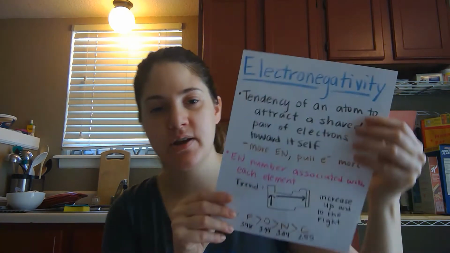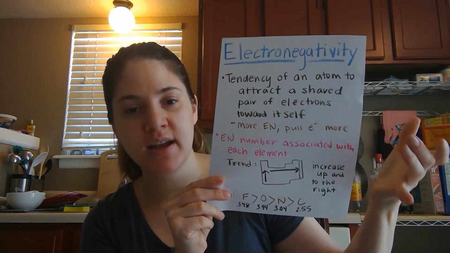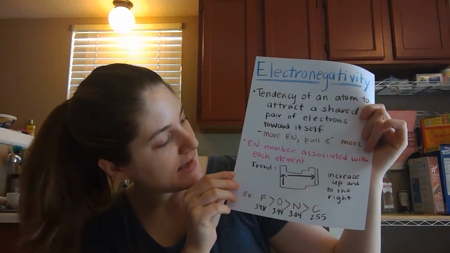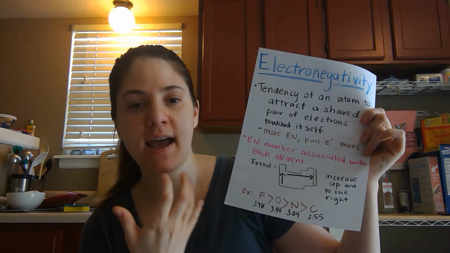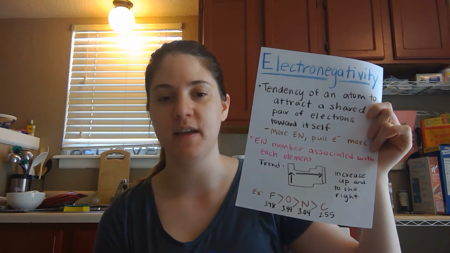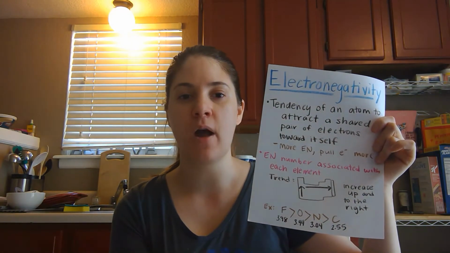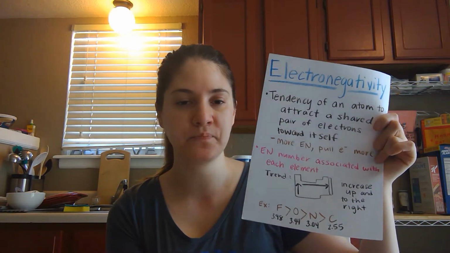So with two atoms bonded together, if one of them is more electronegative, it will pull those electrons closer to itself. The more electronegative atom will pull electrons more, and electronegativity has a number associated with it for every atom, which can be found on the interactive periodic table at ptable.com.